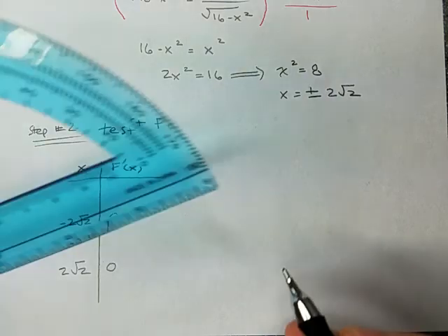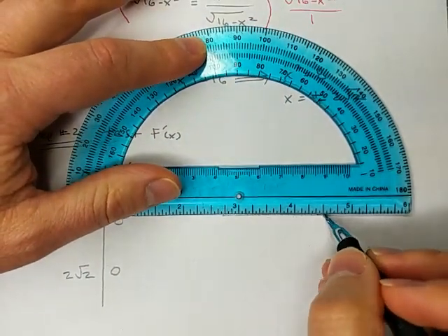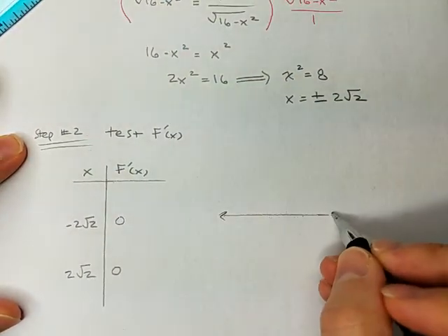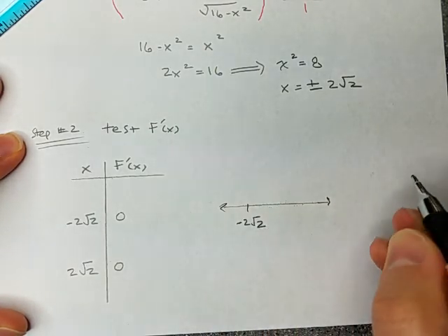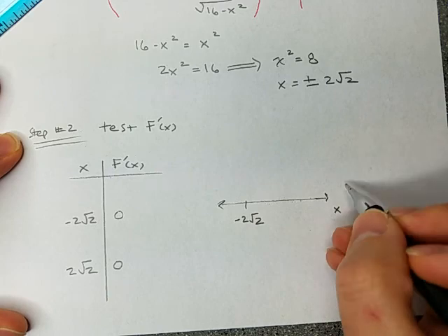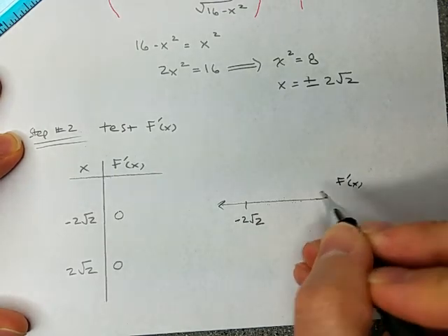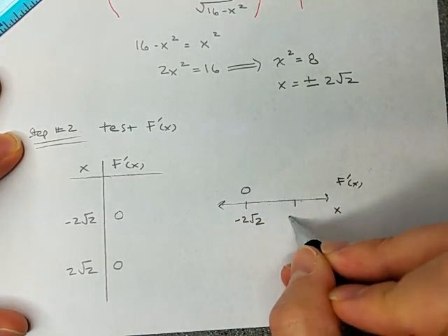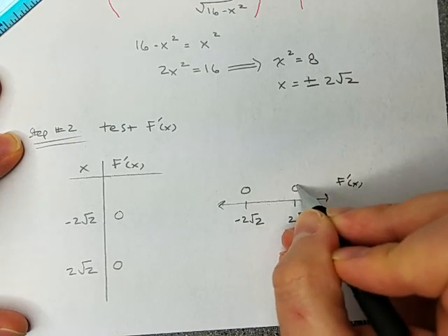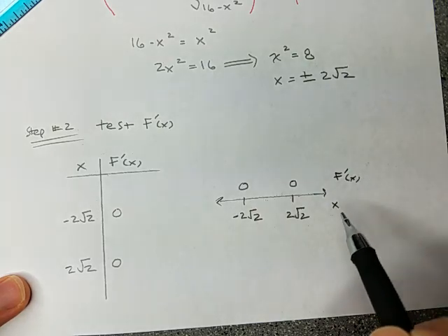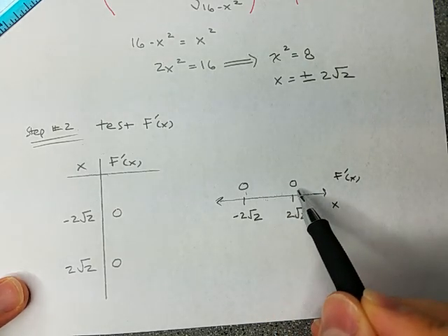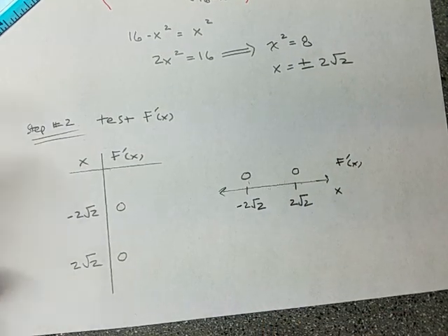Okay? If you want to accompany this with a chart, then at negative 2 root 2 on the x-axis, I know the derivative is 0. And at positive 2 root 2 on the x-axis, I know the derivative is 0. Everywhere else, it's either rising or falling. Okay? The zeros just mean it flattens out and possibly turns around.